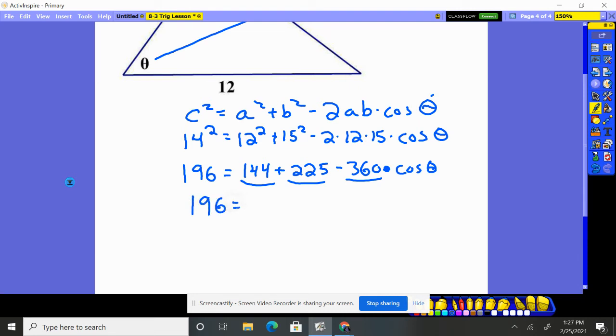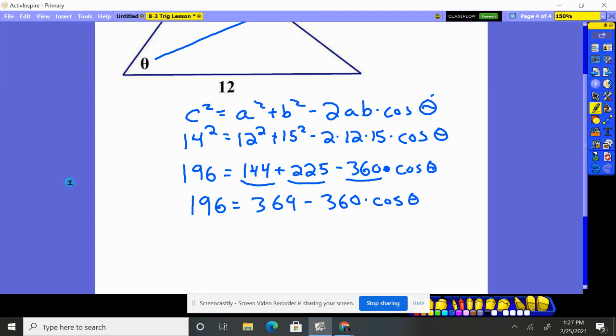So what we want to do is combine the 144 and the 225. Yes, 369 minus 360 times this unknown. The biggest mistake is y'all try to put that 369 minus 360 and say it's 9 times cosine of theta. No, it's not. And if you do that, you're not going to get an answer. It's going to mess up.